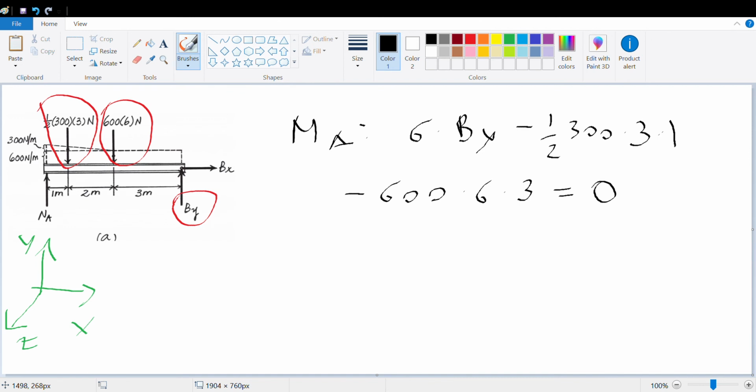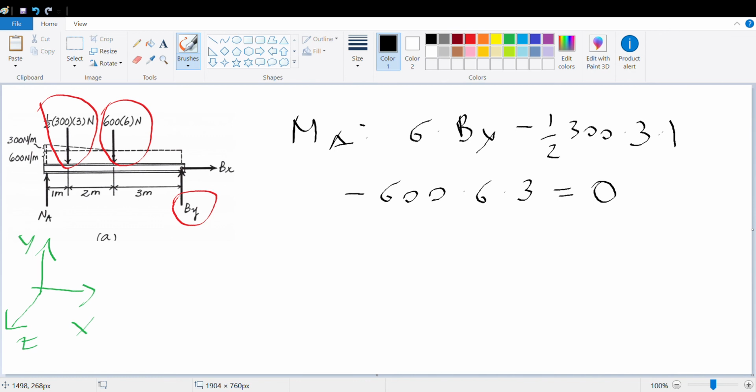Bx is not producing any moment with respect to A because it's parallel to the arm of the distance. So the moment produced by that force is 0 because the angle between the arm and the force is 0.